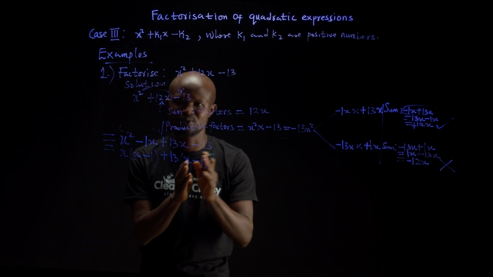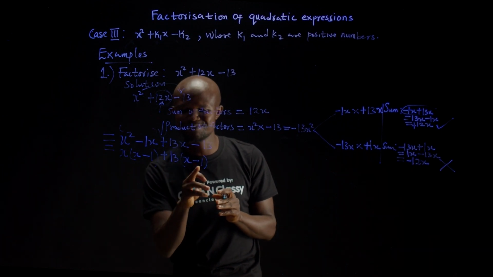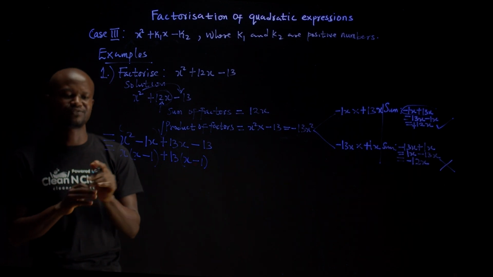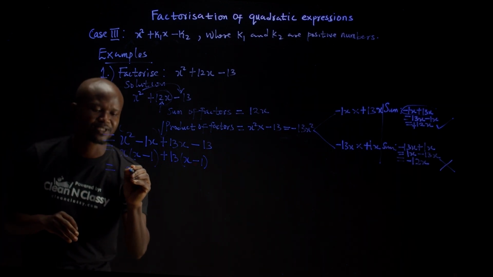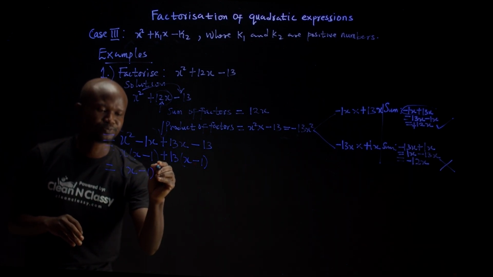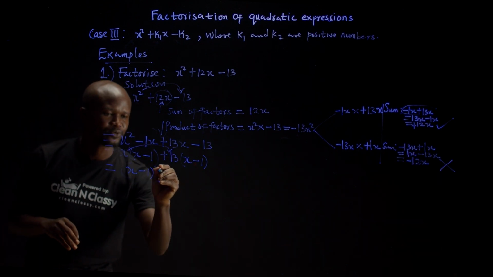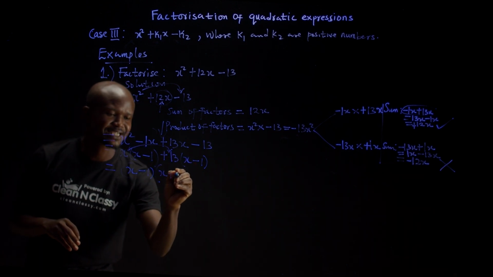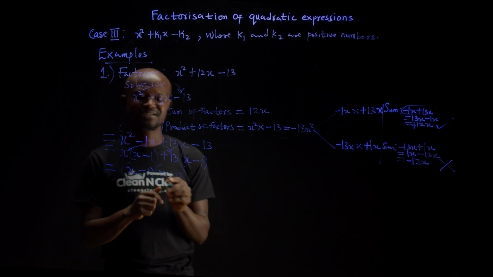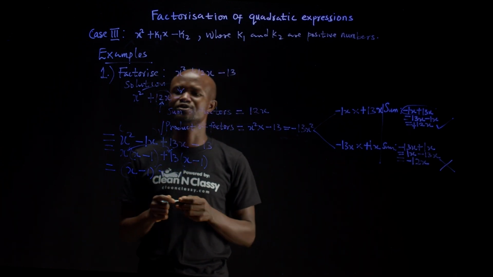Now, let's check whether what we have done is correct. 13 times x is 13x. 13 times minus 1 is minus 13. So you can see what we have here is the same thing as what we have here. So we pick one of them, x minus 1. Then we combine these two, we now have x plus 13. So the answer is x minus 1 into bracket x plus 13. That is the solution to the problem. Thank you.